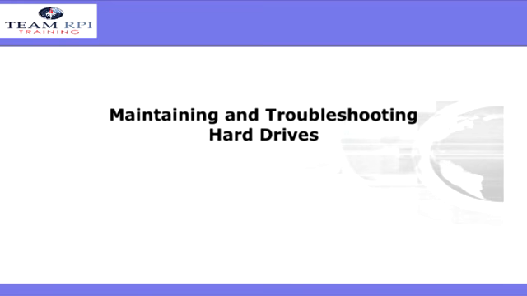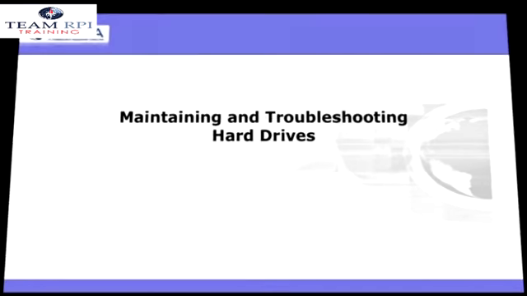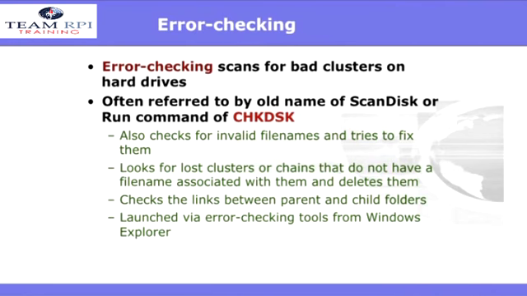Let's take a look at proper maintenance and troubleshooting of your hard drives. First, we'll deal with error checking. Error checking scans for bad clusters on your hard drive. You'll often hear this referred to by its old name of ScanDisk, or you can simply open up a command line prompt and type chkdsk.